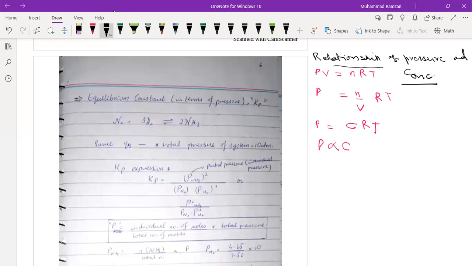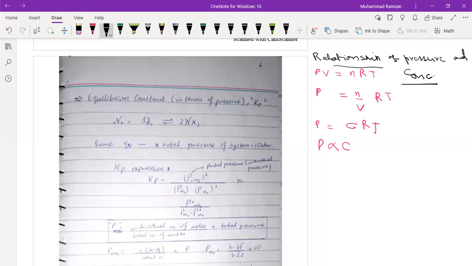For gas, you can use concentration, Kc, and Kp, both.